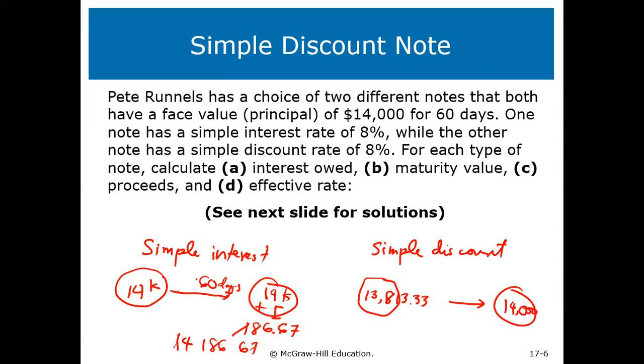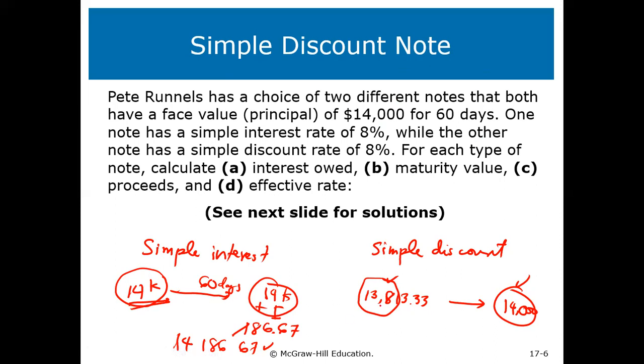On the other hand, for the simple interest, it gets 14,000, and then at the end it pays 14,186.67. So there's a difference here. You borrow 14,000, at the end of 60 days you pay 14,186.67.